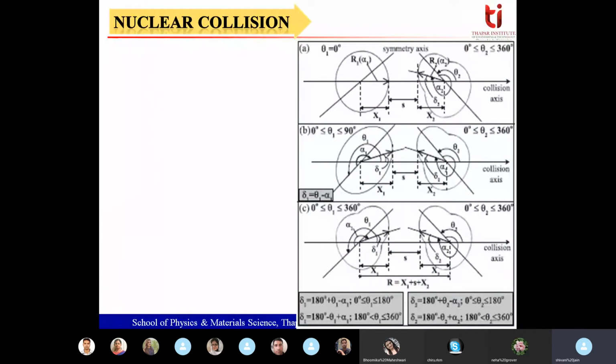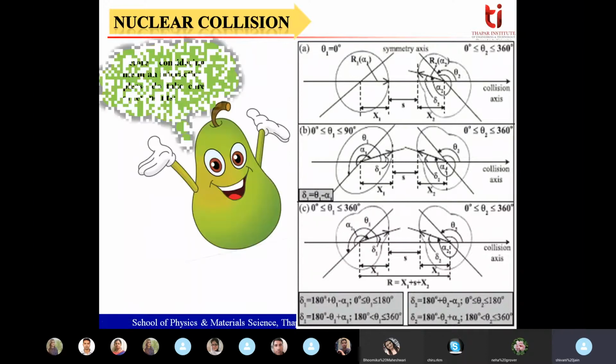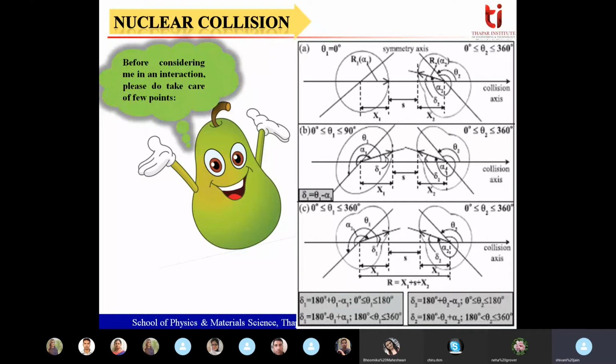Now, what if we consider octupole deformation in such a collision process? Then you can see the schematic diagram over here, which is very similar to what we already discussed for quadrupole deformed nuclei. But the pear shape wants to say something: before considering me in an interaction, please take care of a few points.